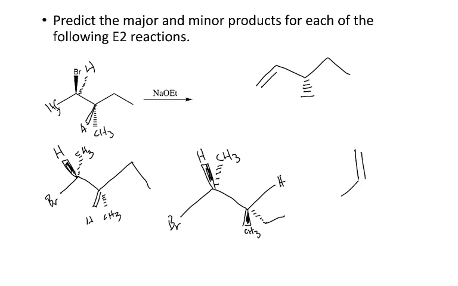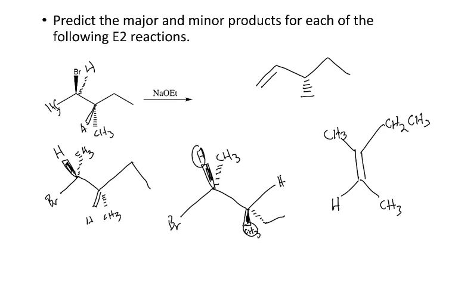So we've got the hydrogen and this methyl on the same sides. The same carbon that has the hydrogen is going to have the CH3, and the side that had the CH3 is going to have the ethyl. This is going to be our product.